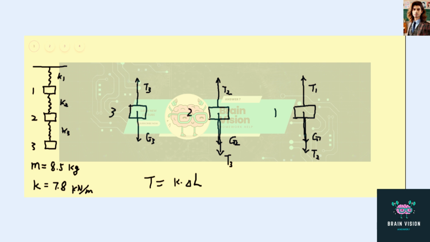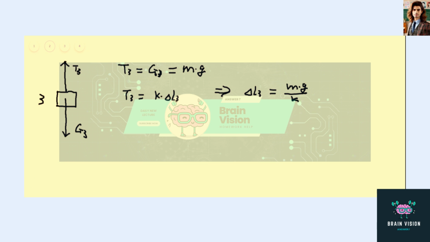And if you recall from here, m is 8.5 kilograms and K is 7.8 kilonewton per meter, and we can get 8.5 kg times 9.8 meter per second squared divided by 7.8 kilonewton per meter.